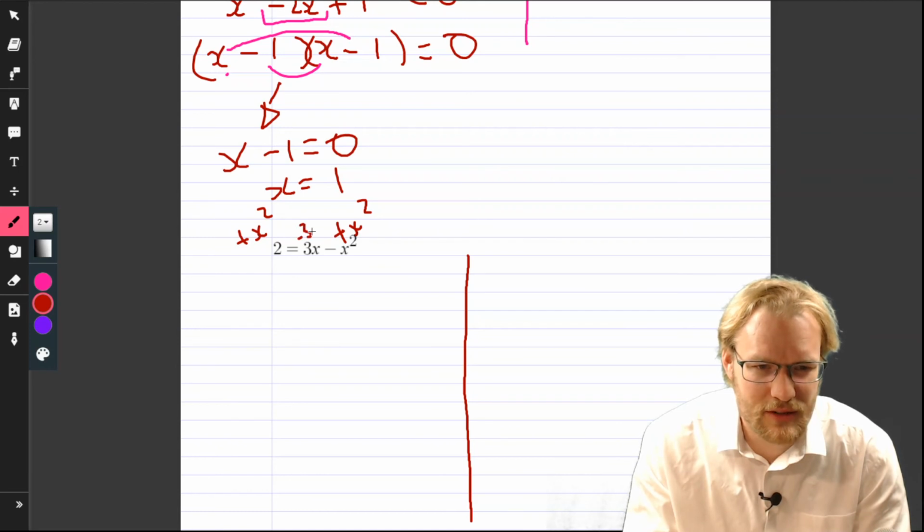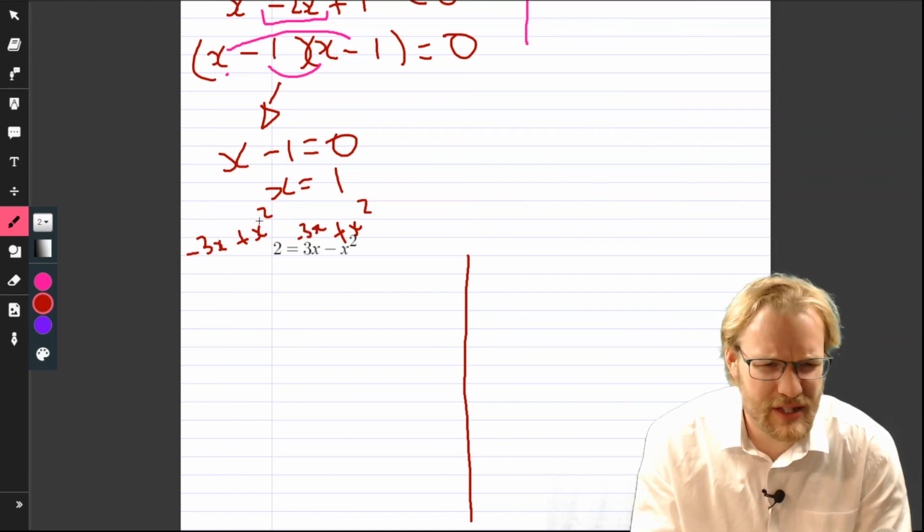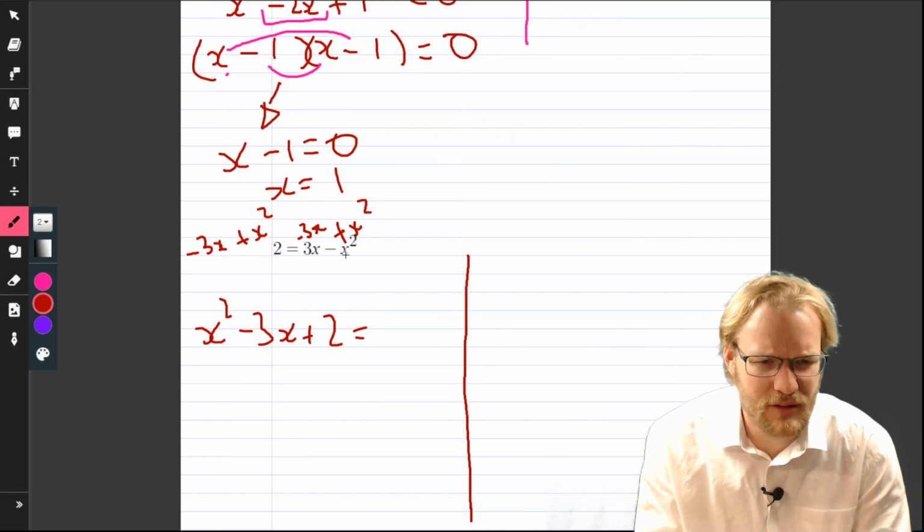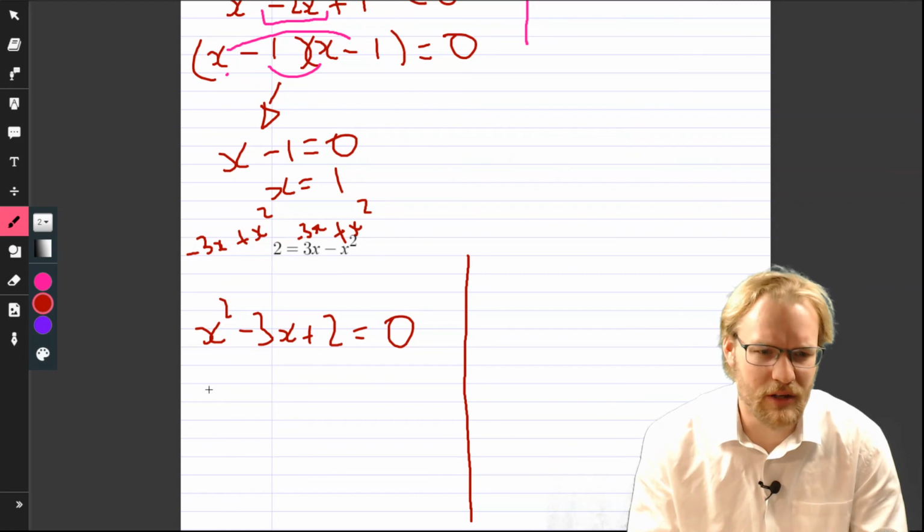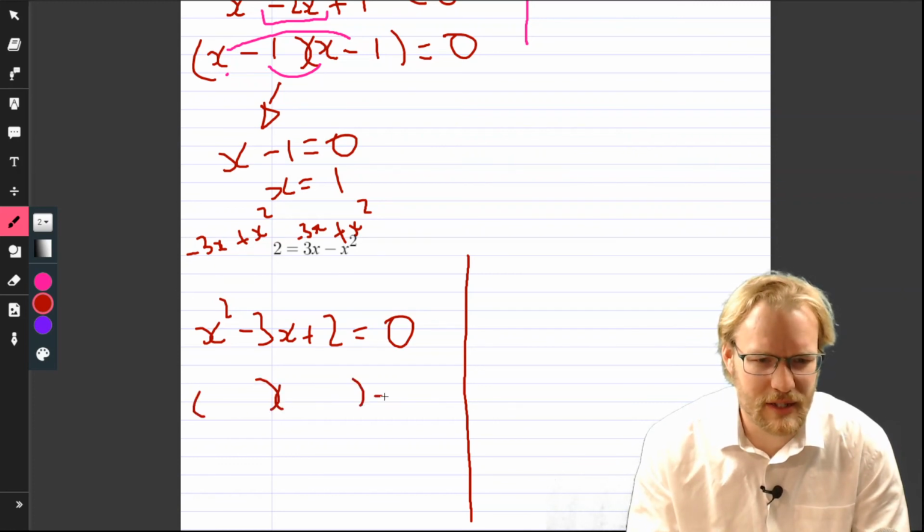We're going to subtract this 3x and subtract 3x. And then let's write it in the nice order that we like it straight away. We've got a positive x squared, a negative 3x, and a positive 2, equals 3x minus 3x, 0. Negative x squared plus x squared, 0. We're looking good. Bracket, bracket, equals 0.